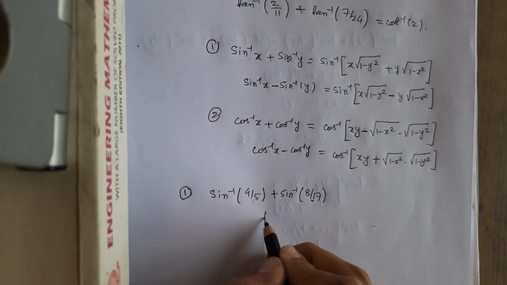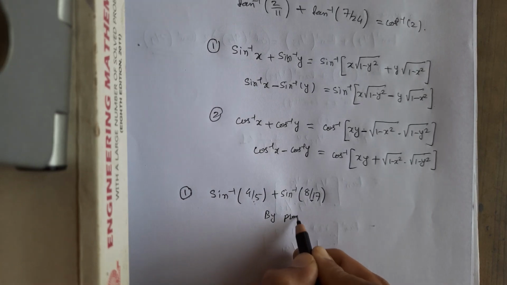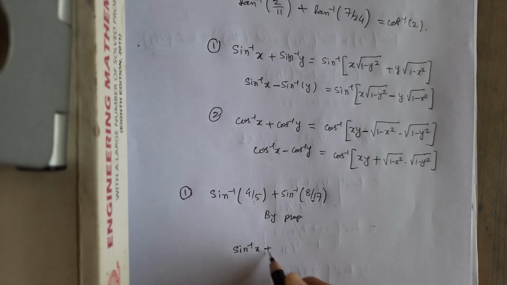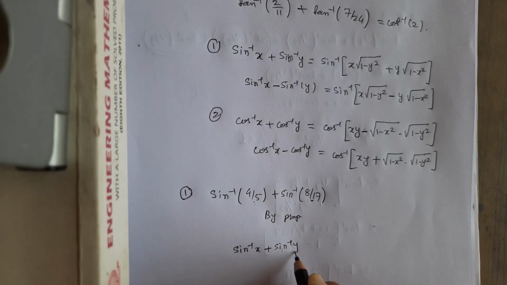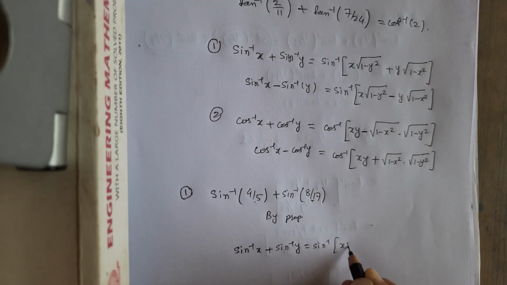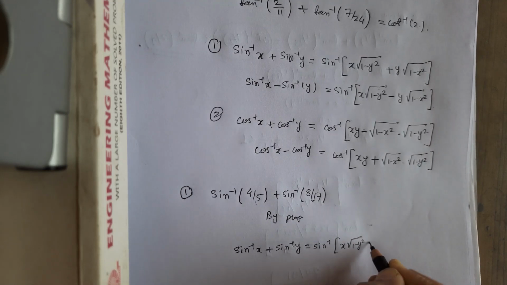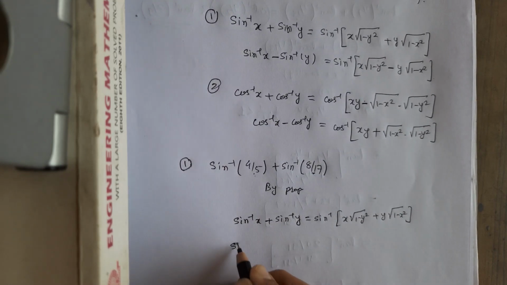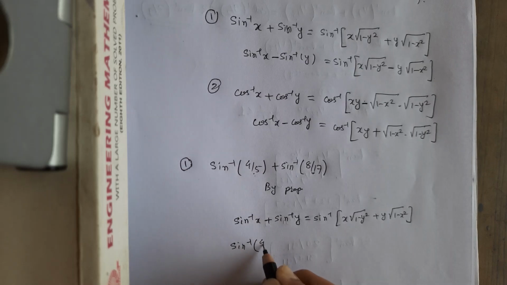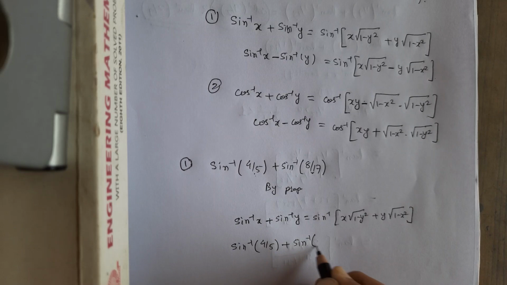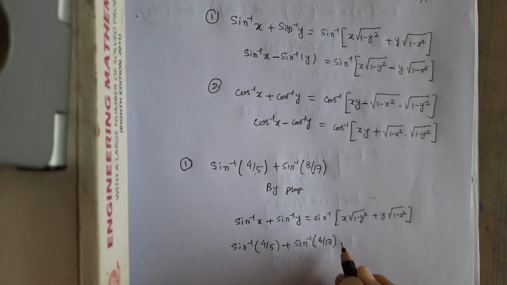So by the property I write sine inverse x plus sine inverse y equals sine inverse of x into root 1 minus y square plus y into root 1 minus x square. Okay, so sine inverse 4 by 5 plus sine inverse 8 by 17.